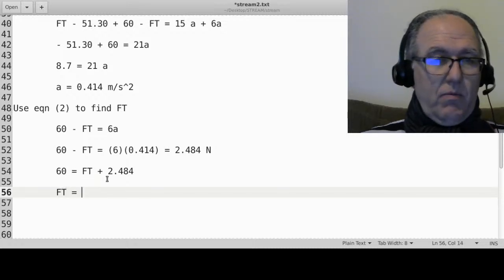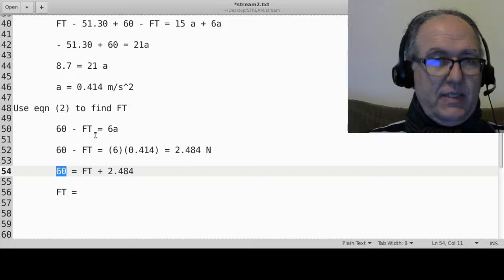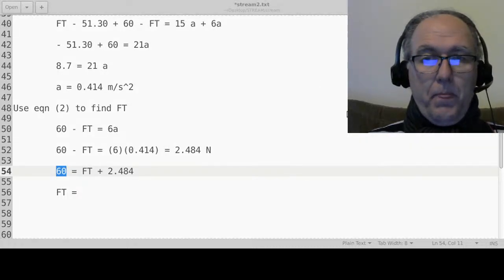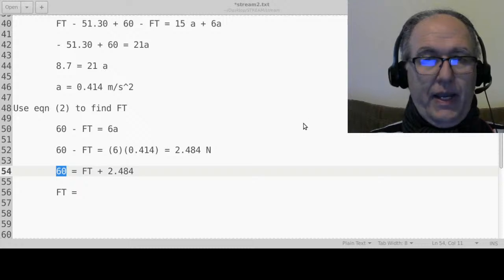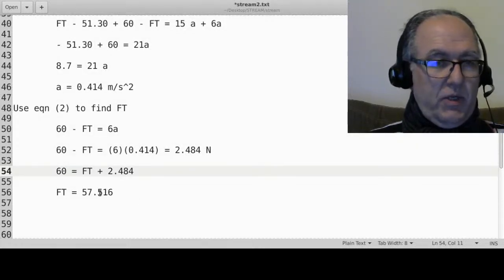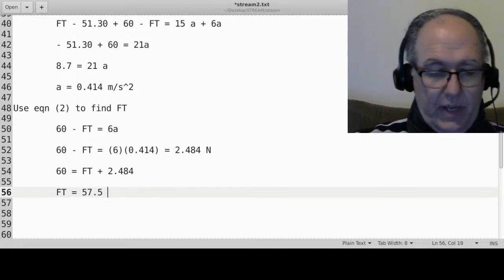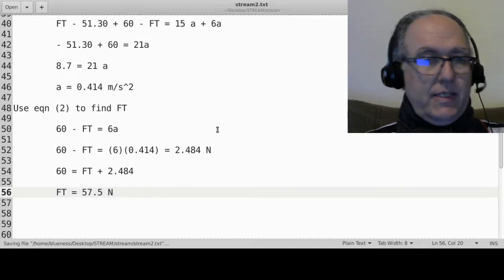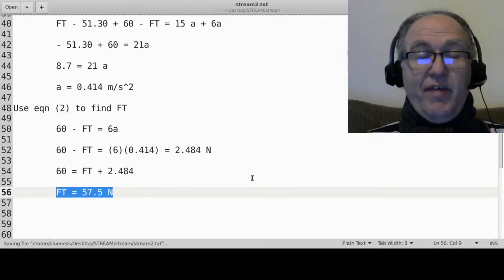So we're subtracting this from both sides, and we will get 60 minus 2.484, and that's going to equal that number right there, which I will round off to that. Okay, there we go. So that is the value of FT.